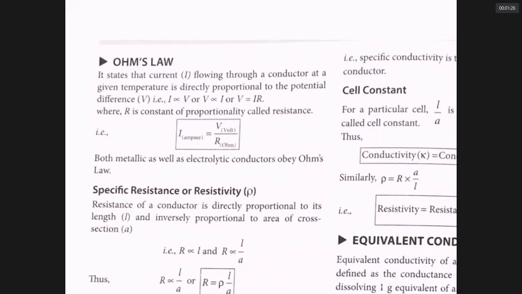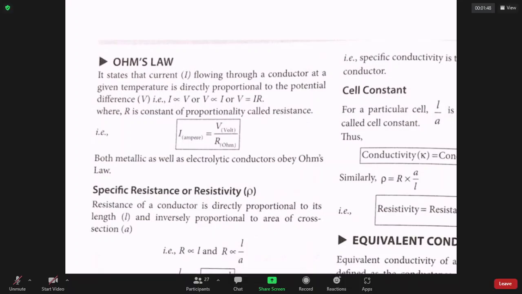Amperage I is directly proportional to the voltage, inversely proportional to the resistance. So I is equal to V by R. It means that the voltage across any wire or resistor is equal to IR. V is equal to IR at a constant temperature is called Ohm's law.